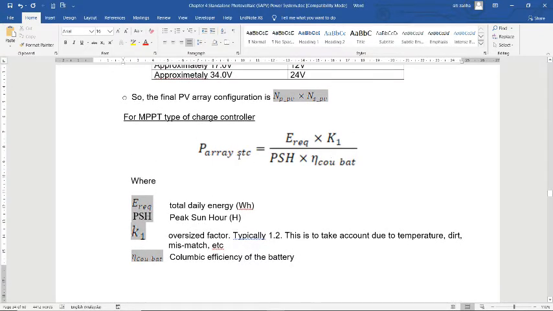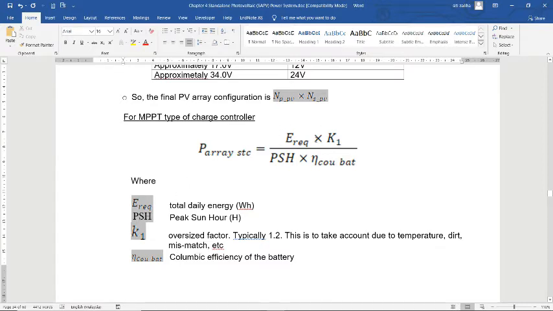So P array STC, so energy required, you multiply with K1. Again, we need this oversize factor 1.2 because we already consider the losses due to temperature, dirt and mismatch. Okay, that's why you multiply with 1.2 to eliminate all of these losses.